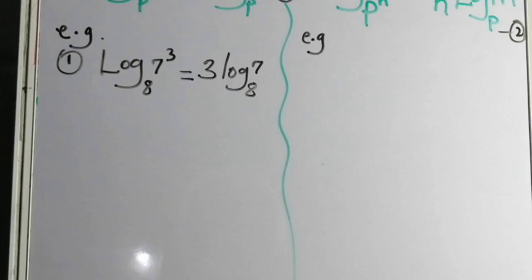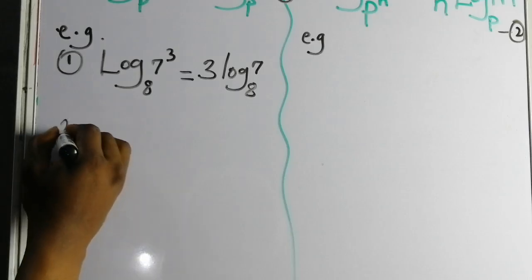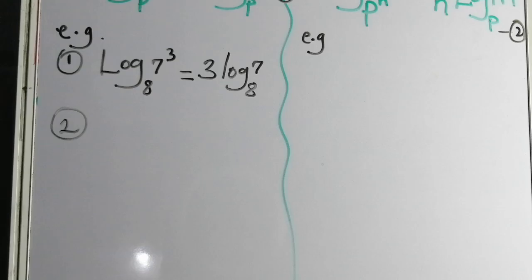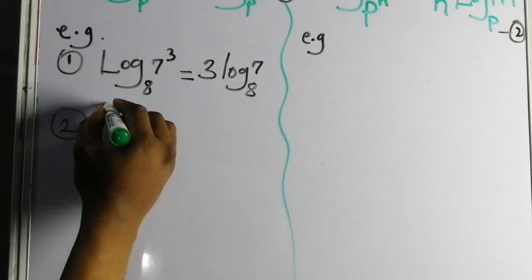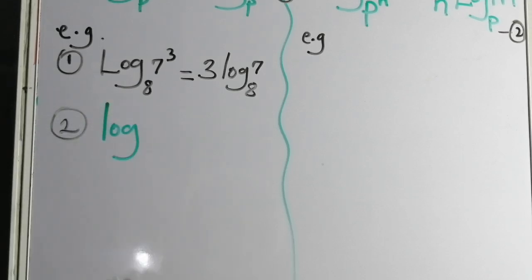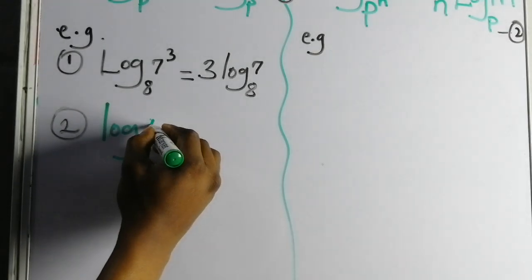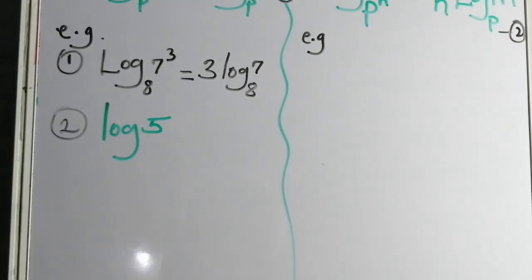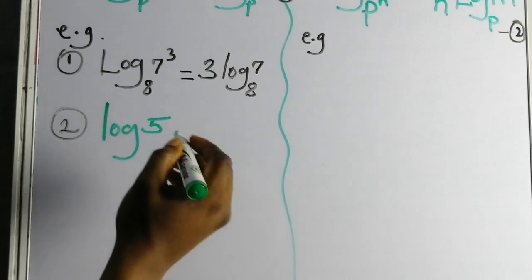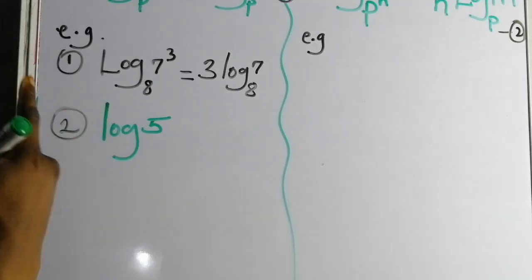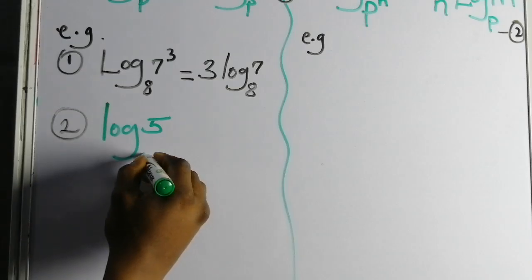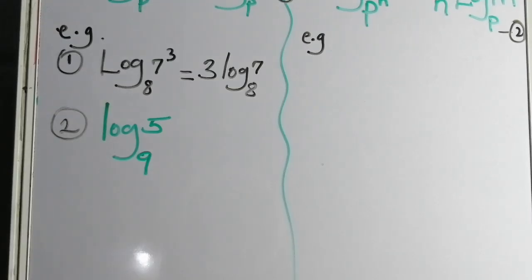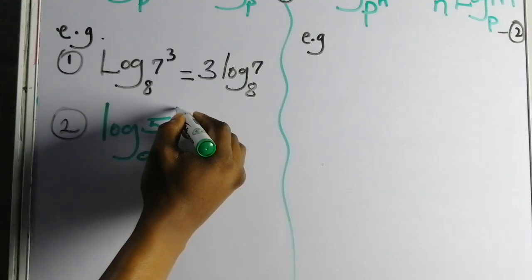If we look at example 2, we can look for another value that we can play around with. Let's assume we have log 5 to base 9, and this log 5 is raised to power 2.